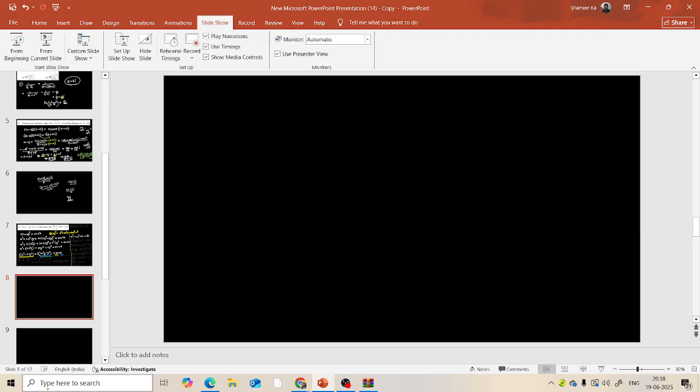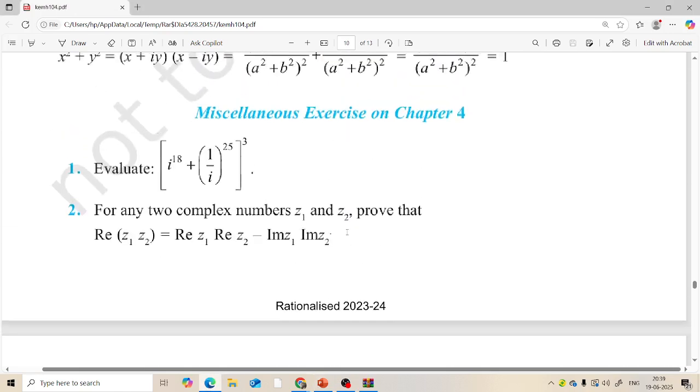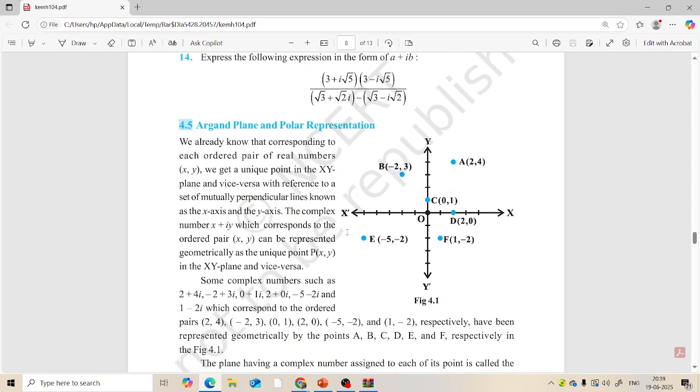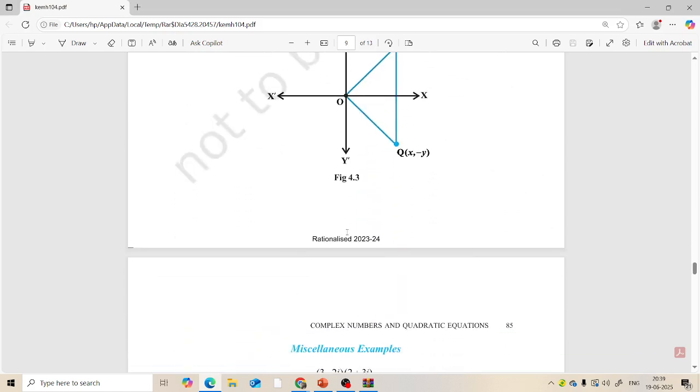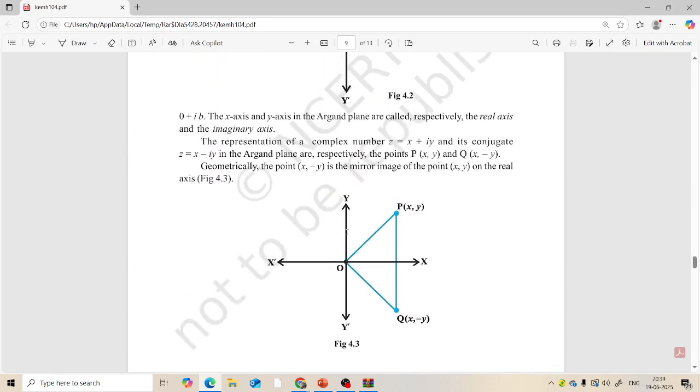Okay, so a small topic is remaining in this chapter. It is just modulus of a complex number. It is mentioned in the textbook. Only modulus is required.